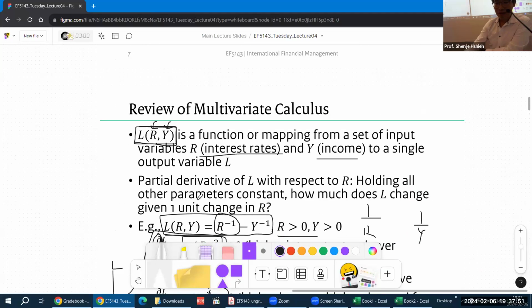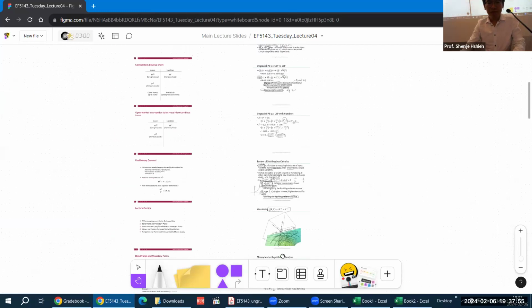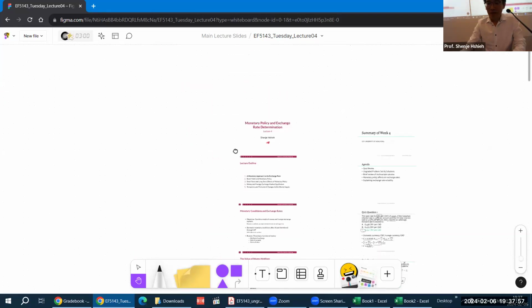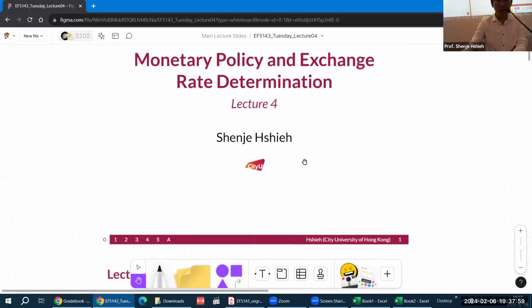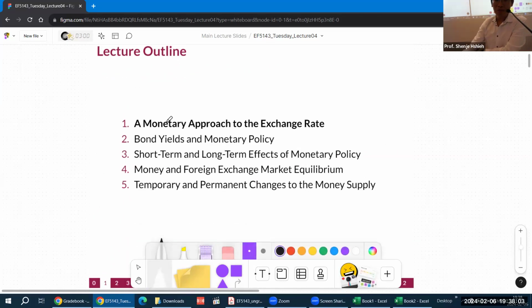All right, so let's get on to today's lecture on monetary policy and exchange rate determination. Today's lecture is trying to combine the relationships between central banks and FX rate determination. All right.